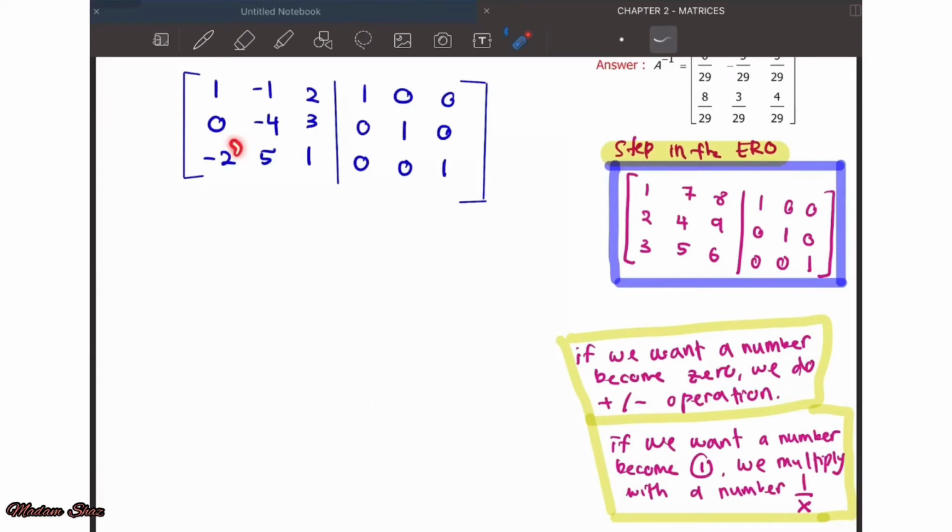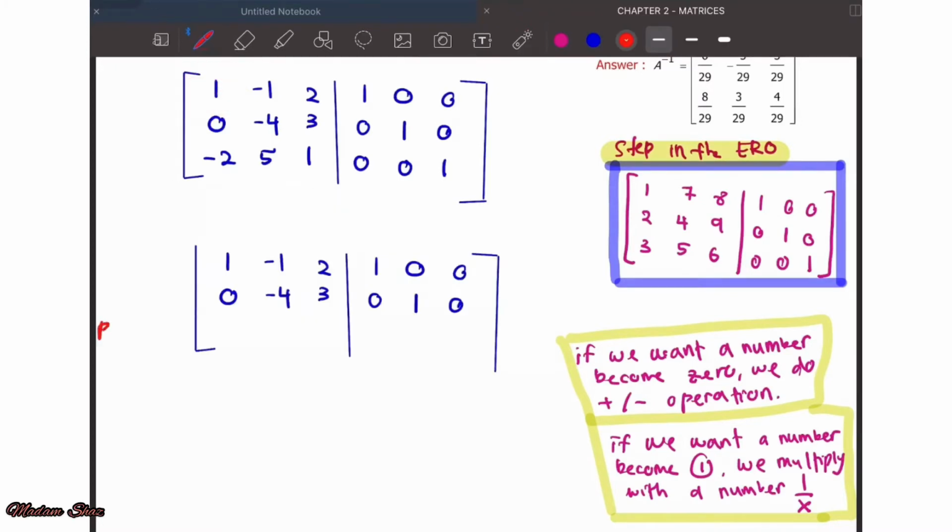Okay, now we have negative 2. In order to make it become 0, negative 2 should be added with 2, and this 2 we must obtain from another row. From which row? From the first row, because we have 1 here. So row 3 will be changed into row 3 plus 2 row 1.